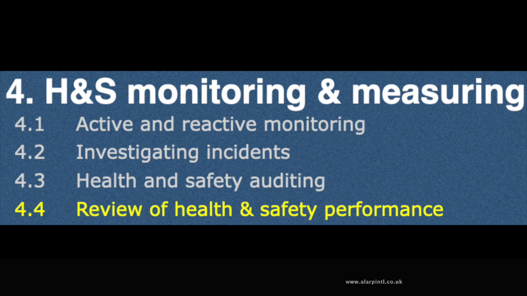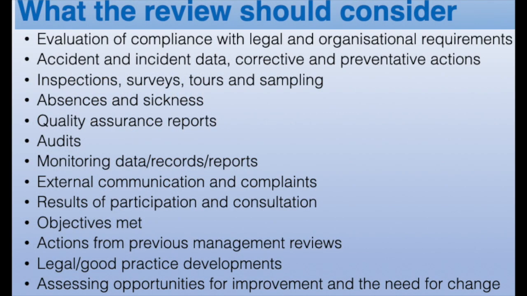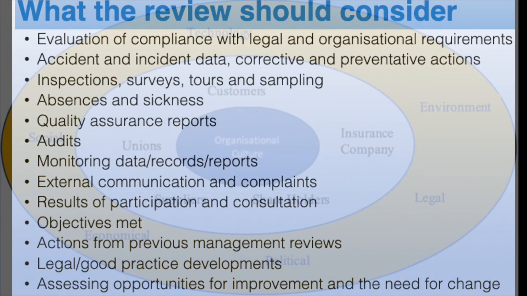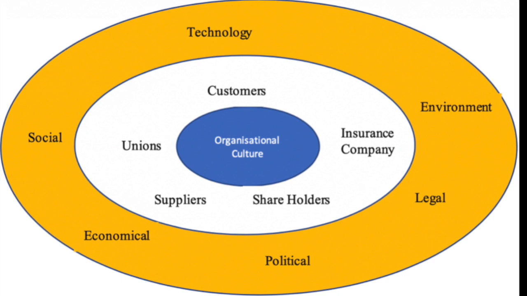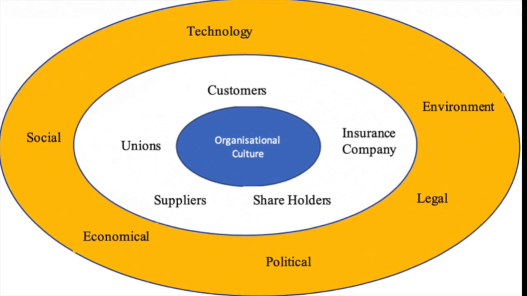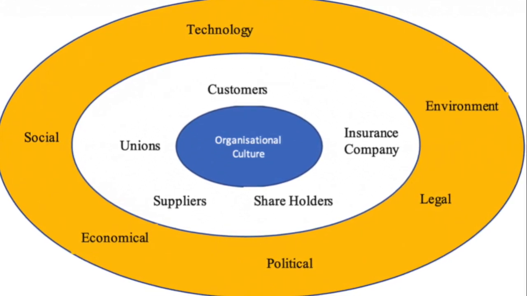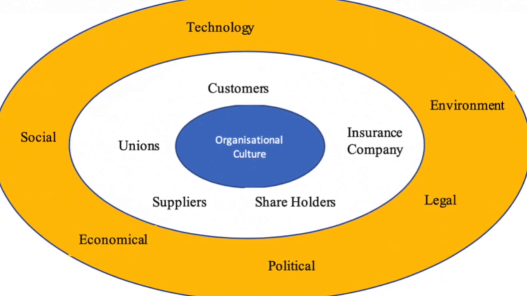The final assessment criteria is reviewing your health and safety performance. You have implemented things and now you need to review your performance, and there are many areas that you can be focusing on. Finally, guys, there are many impetus or stimulus prompting an organization to review its performance.